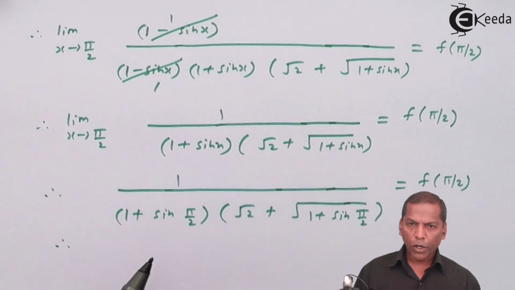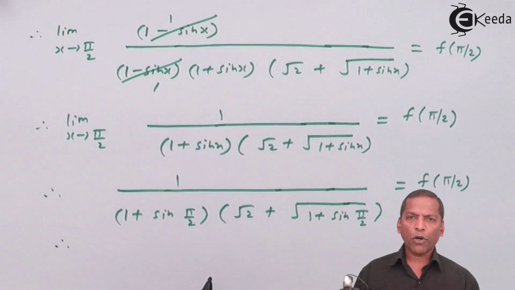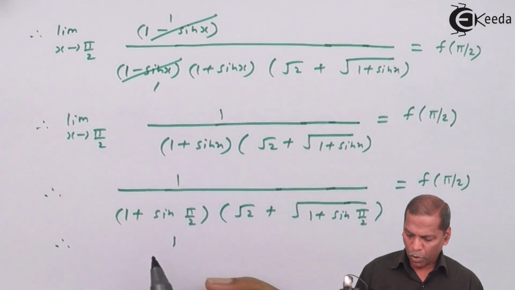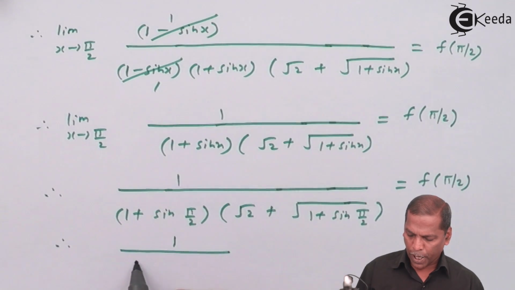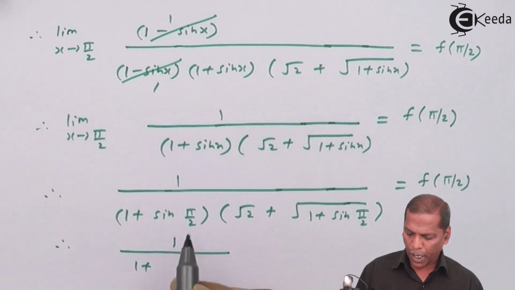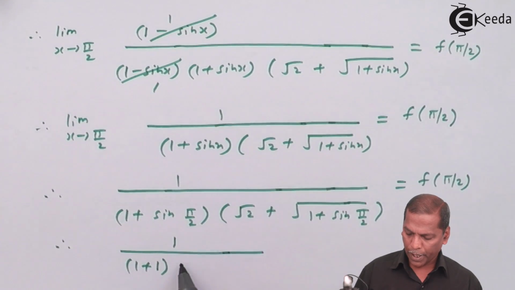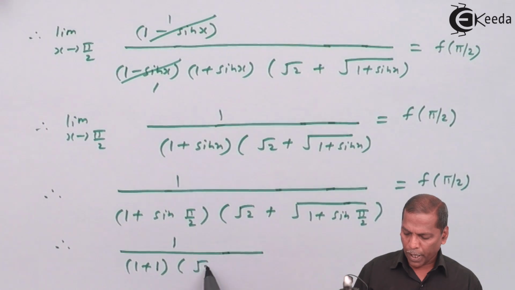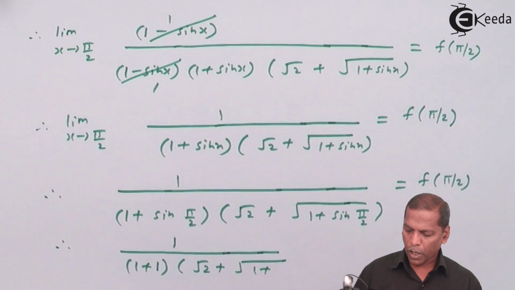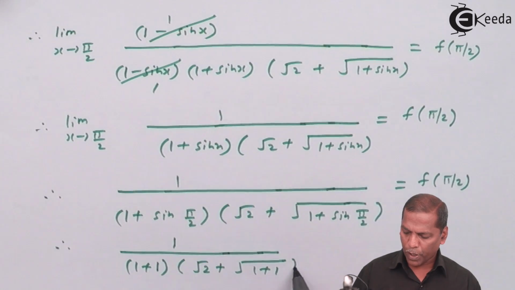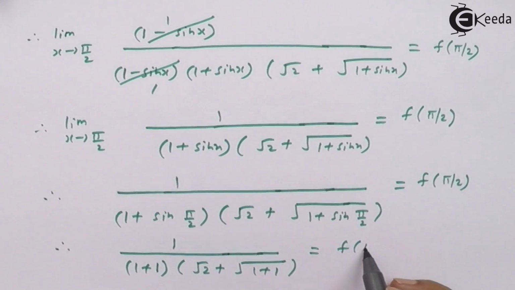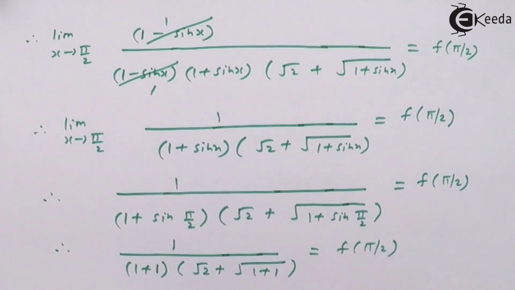Now by using the trigonometric table, as we know, sine of pi by 2 means sine 90 degrees, and that gives us 1. So we have 1 upon 1 plus 1 in the first bracket, and in the second bracket root 2 plus square root of 1 plus again sine 90 gives 1, and that is equal to f of pi by 2.